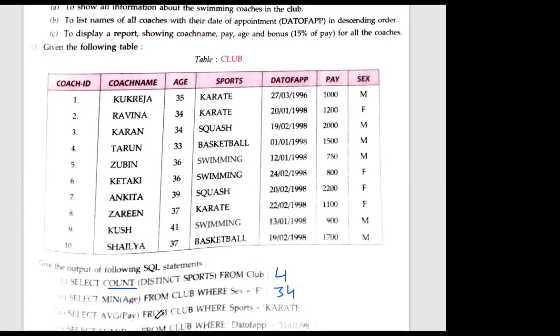Then the next question is select AVG. AVG means average. Average pay from the club where sports is equal to karate.